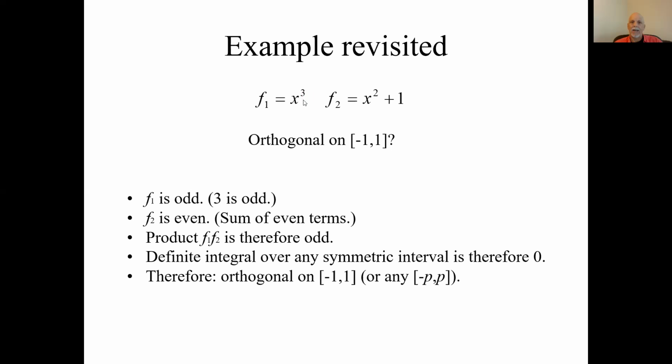X to the 3 is an odd. If I multiply an even times an odd, I get an odd. If I integrate an odd function on a symmetric interval, I get 0. So yeah, these guys are orthogonal. Actually, it would have been orthogonal on any symmetric interval. It didn't have to be -1 to 1.